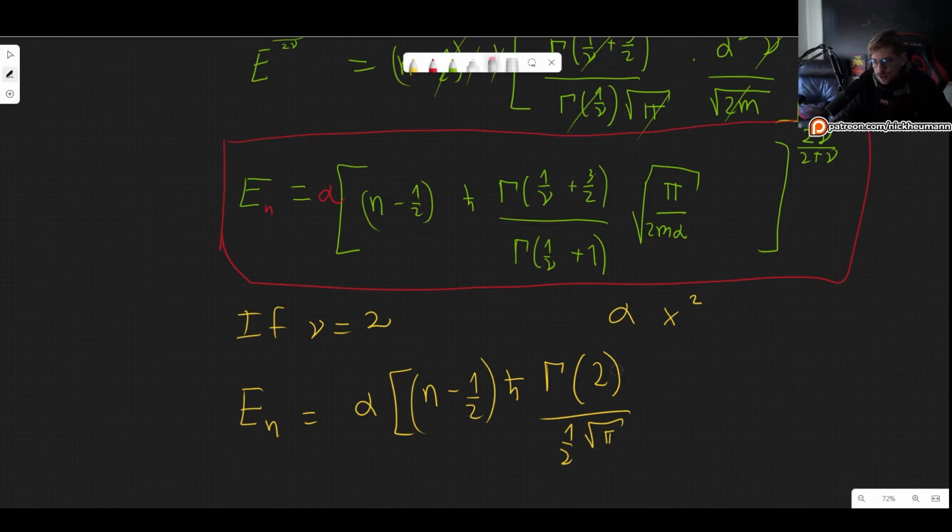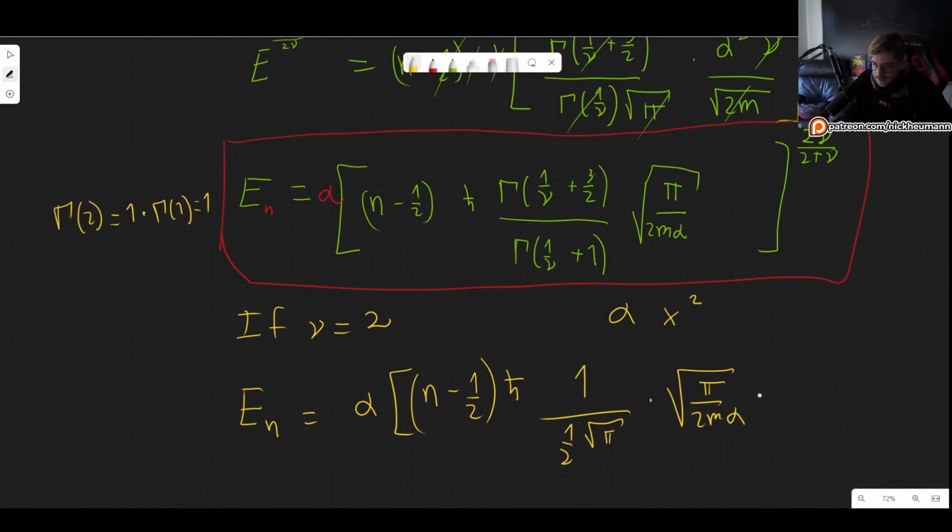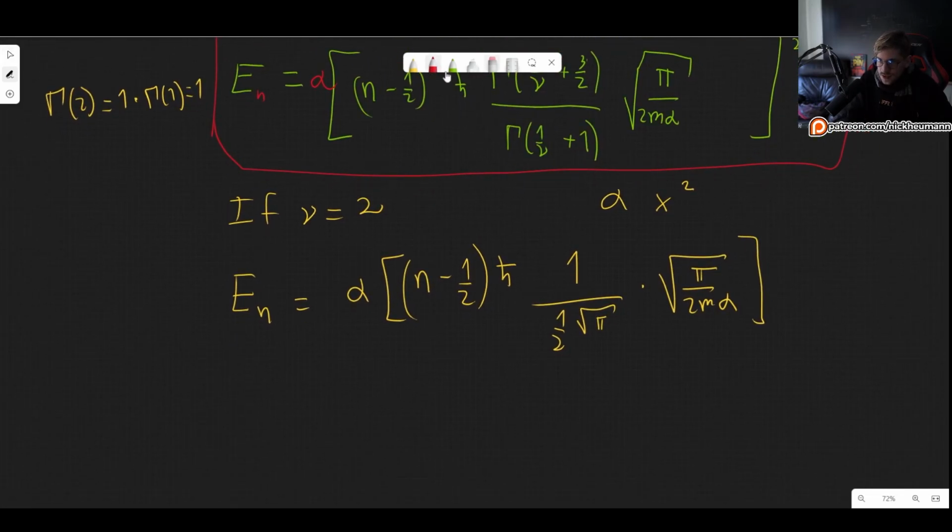And gamma of 2, just to show you, gamma of 2 is 1 times gamma of 1, which is 1. So this thing here is simply 1. And then we have times the square root of pi divided by 2m alpha. And all of this is raised to the 4 divided by 4 power. So simply 1.